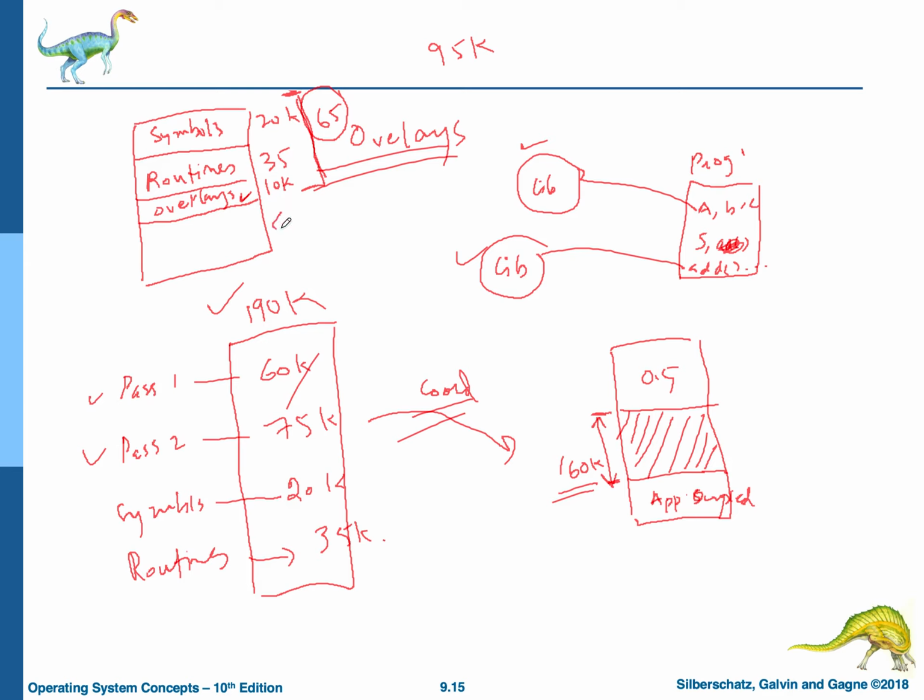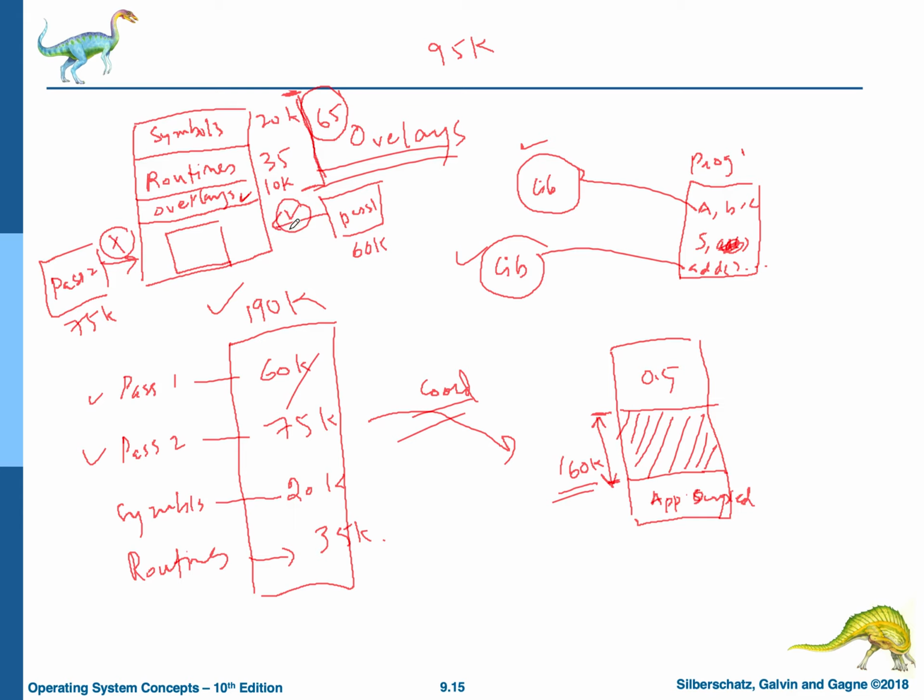Now pass 1 is 60k and pass 2 is 75k. One of these two will be given space to come here, and the other one will be blocked for now.